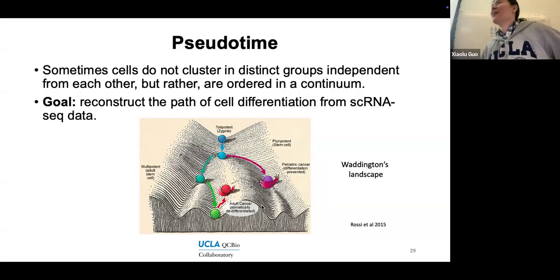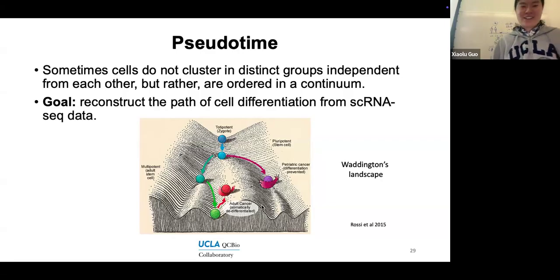It's the landscape, where at a certain point in time, a cell will differentiate or become differentiated into a specific cell type. You can't differentiate into any other cell.